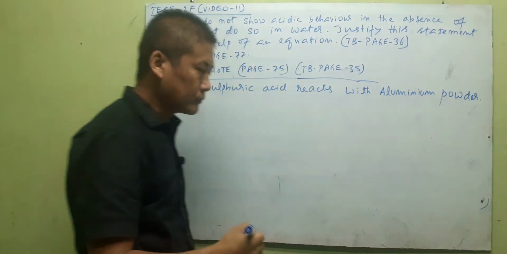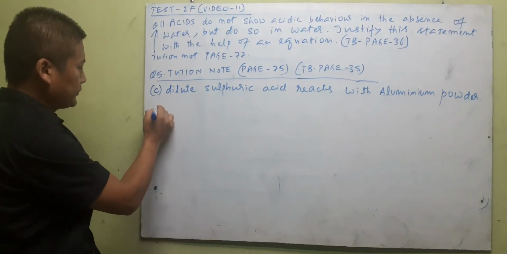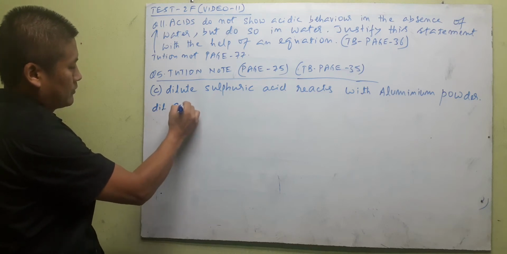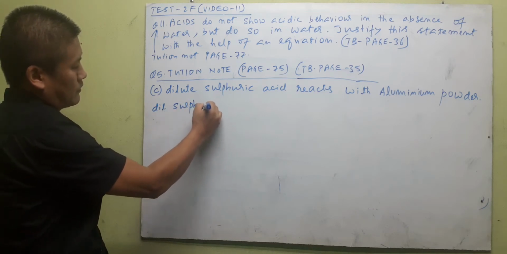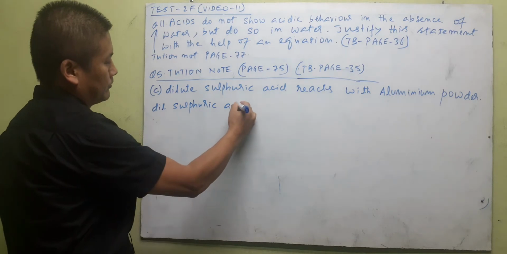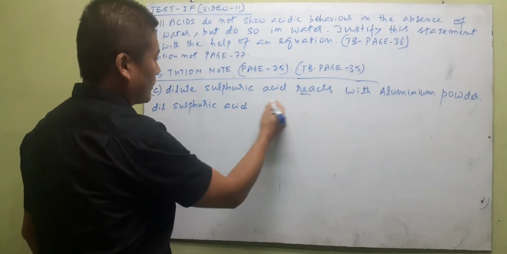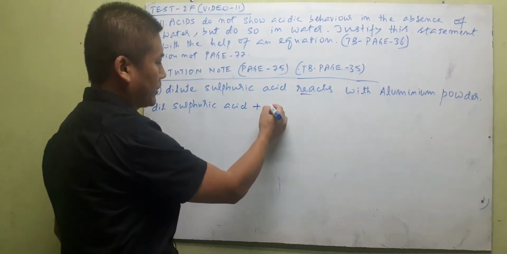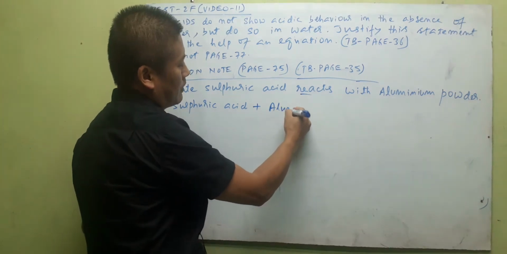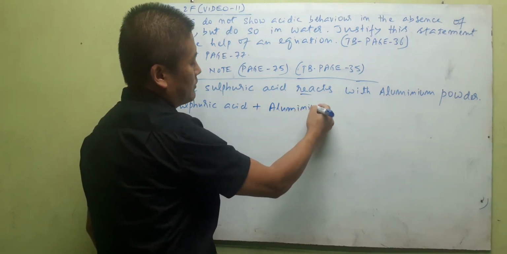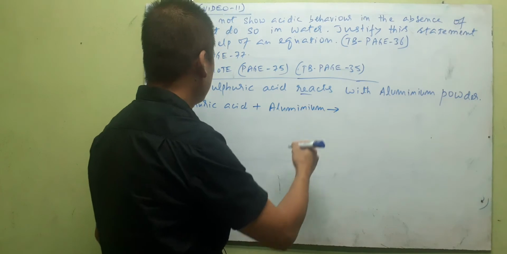Okay, let's write the word equation. Dilute sulfuric acid reacts means plus aluminum powder means we can simply write it as aluminum.